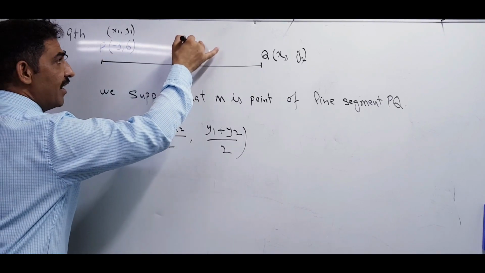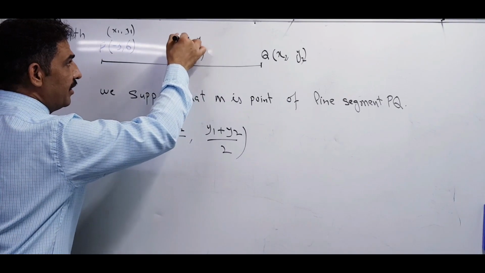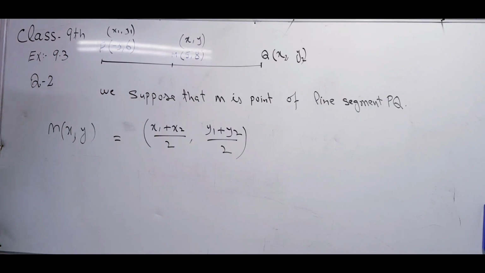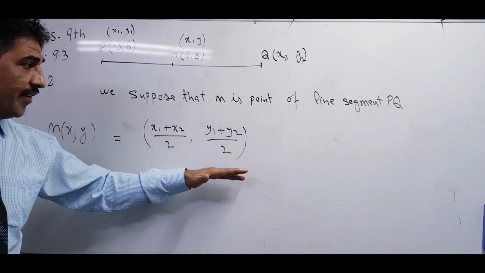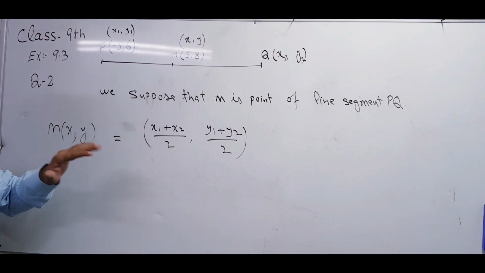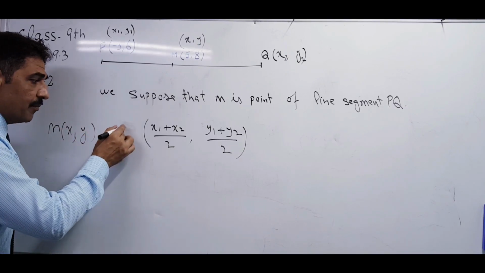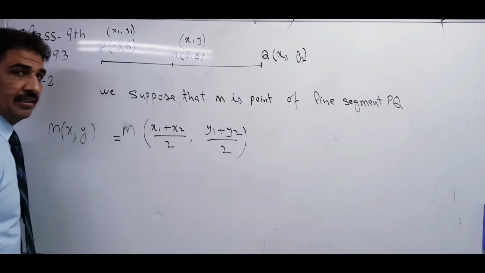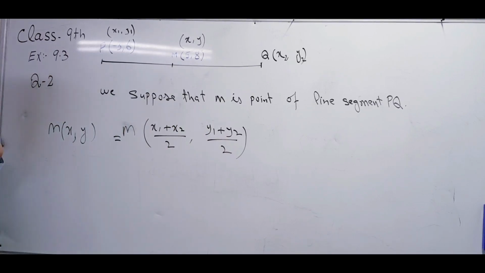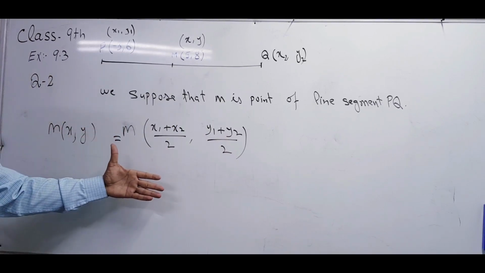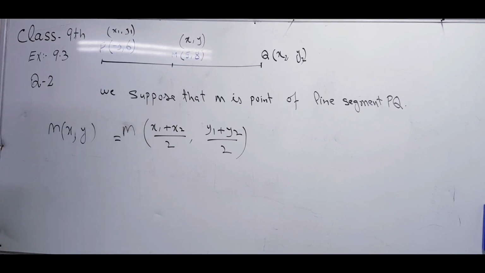So this is the value of x and this is the value of y. You learned the formula in such a way that M(x, y) is the midpoint. Now you just have to put the values and find the answer.